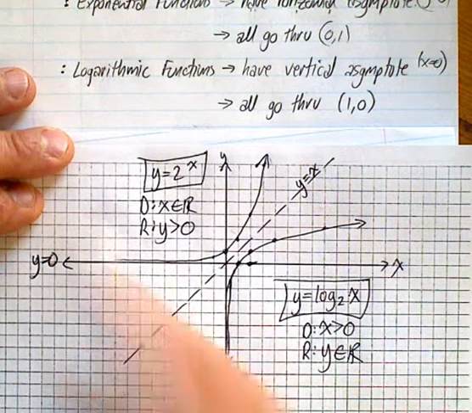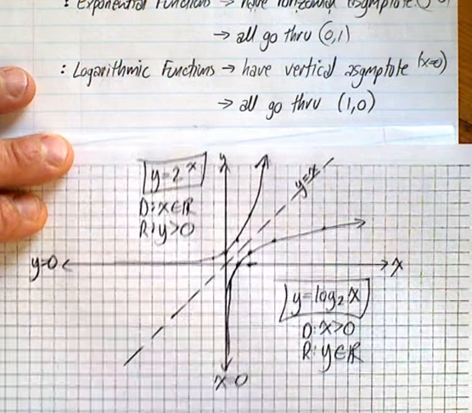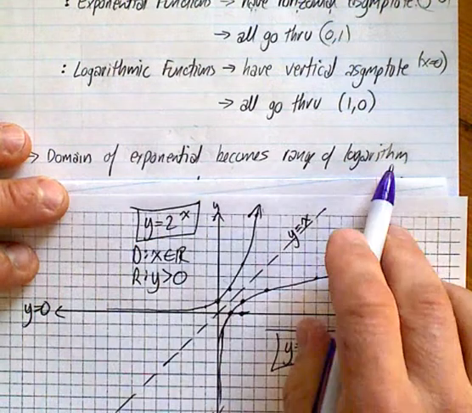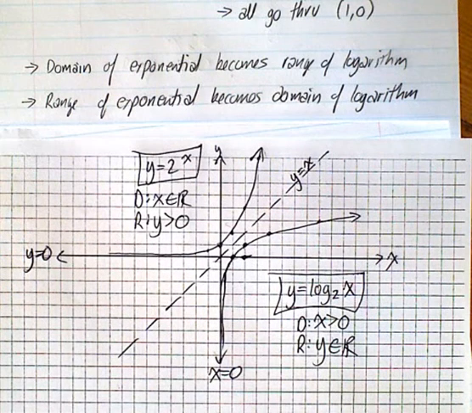Inverse of each other. Now, a big thing here. Okay, domain of an exponential becomes range of logarithm. Range of exponential becomes domain of logarithm. That's kind of what I just showed you here as well. Okay, pretty much done here, showing you the graph of the log function.